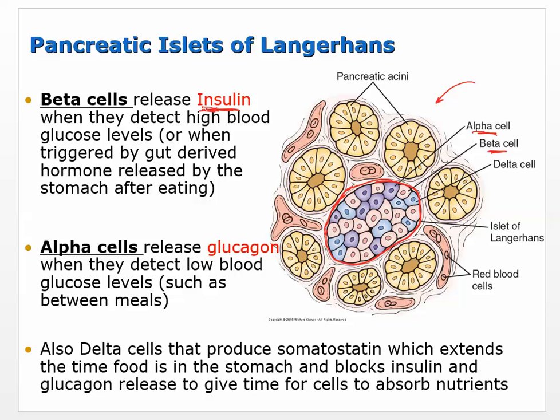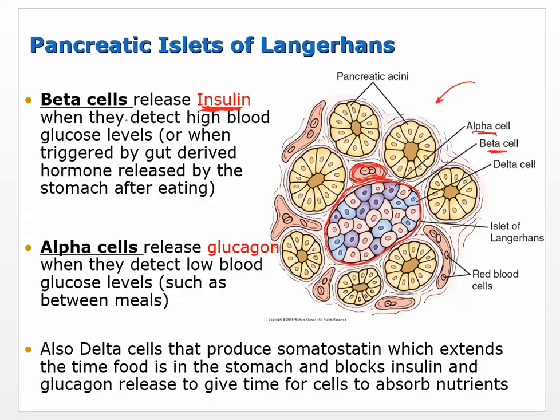So when high levels of glucose are found in the blood, these will release insulin, and the insulin will move out of these cells and perfuse into the blood, into the capillaries that are running through here.